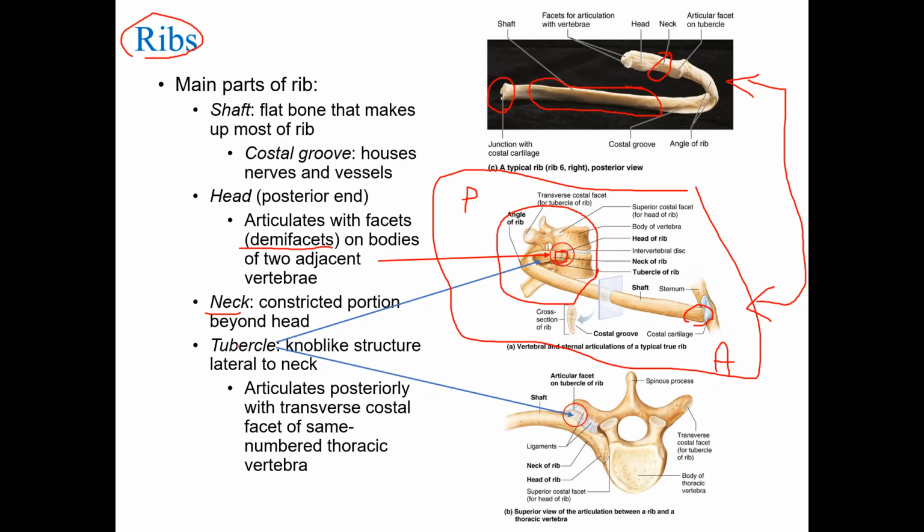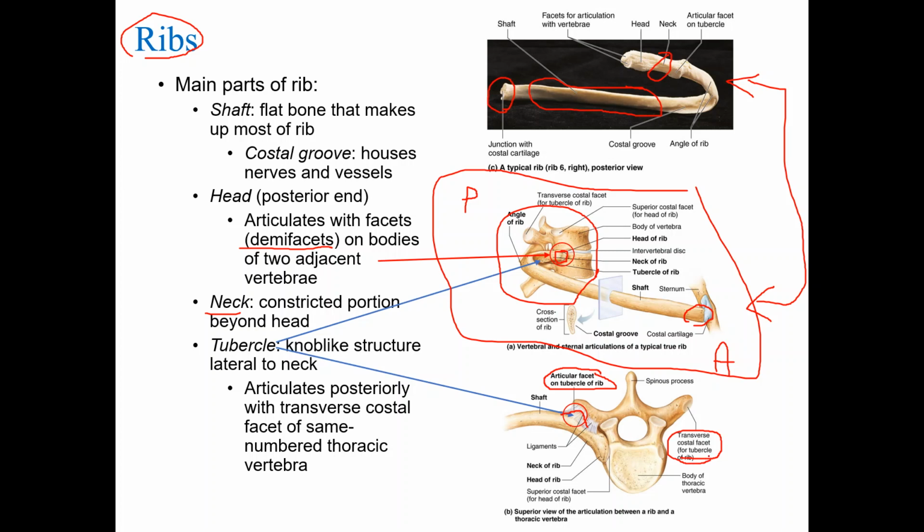And then the one important region to know about is this bump over here, which is known as the tubercle. And this is the point of articulation of the rib with the articular facet dedicated on the transverse process here.